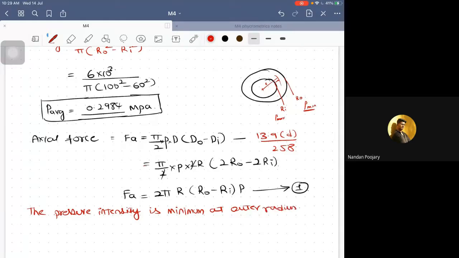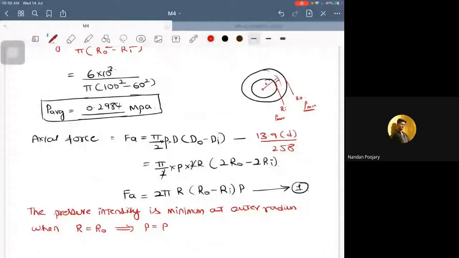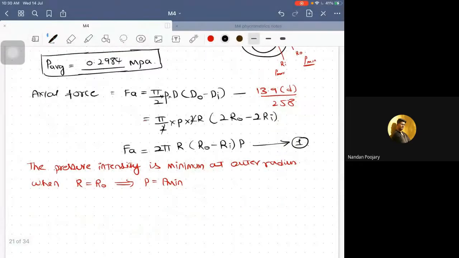Therefore, I can say when R equal to R naught, it implies P equal to P minimum. So the formula would be changed as such now.